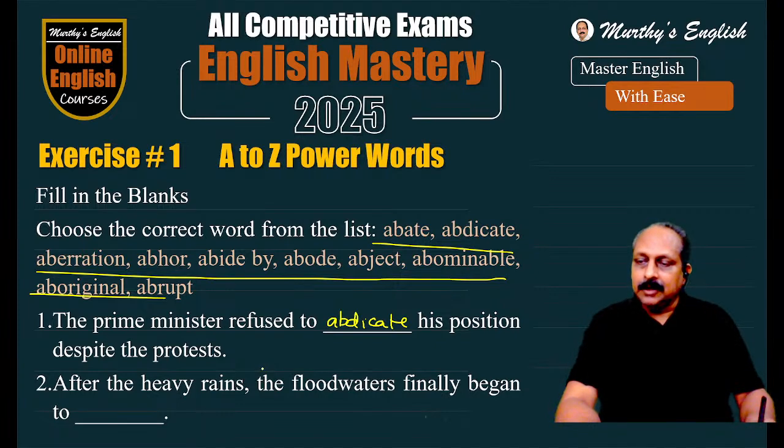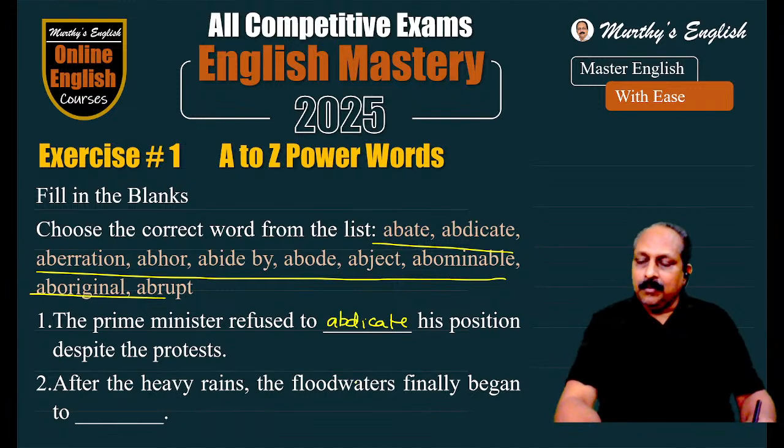Renounce, resign, give up. After the heavy rains, the flood waters finally began to what? No, only one word you have to choose. Don't use 2 plus V1, V2, V3 expressions, Vishnu.